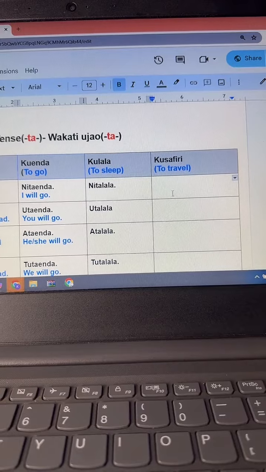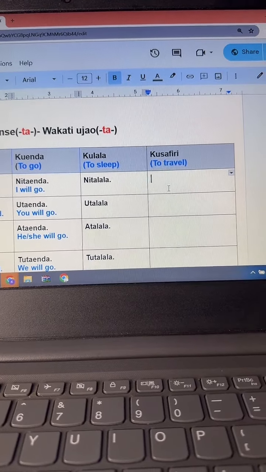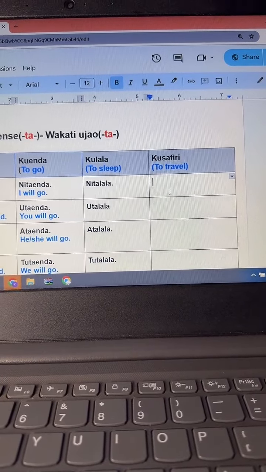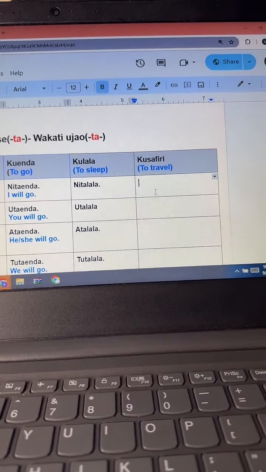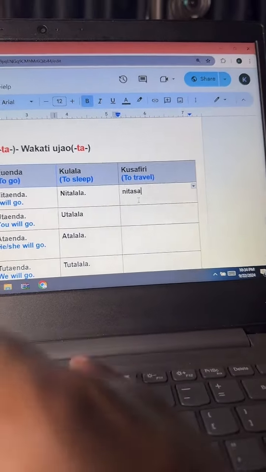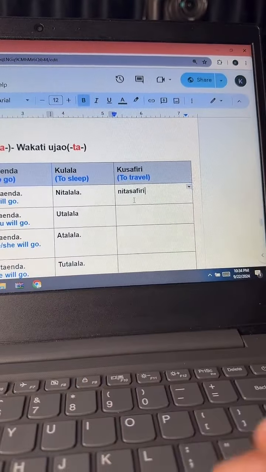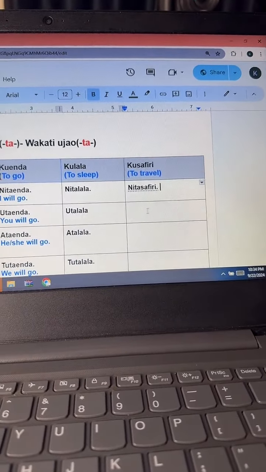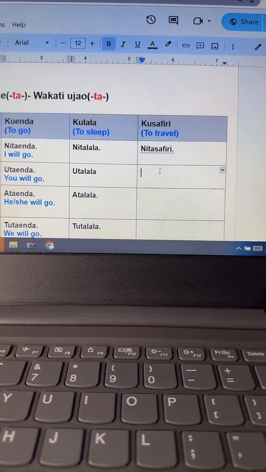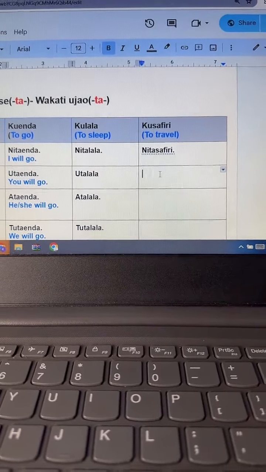Yeye atasafiri. What about I will travel? Nitasafiri. Sawa. Those who wrote nitasafiri are correct. Mimi nitasafiri. This means I will travel.